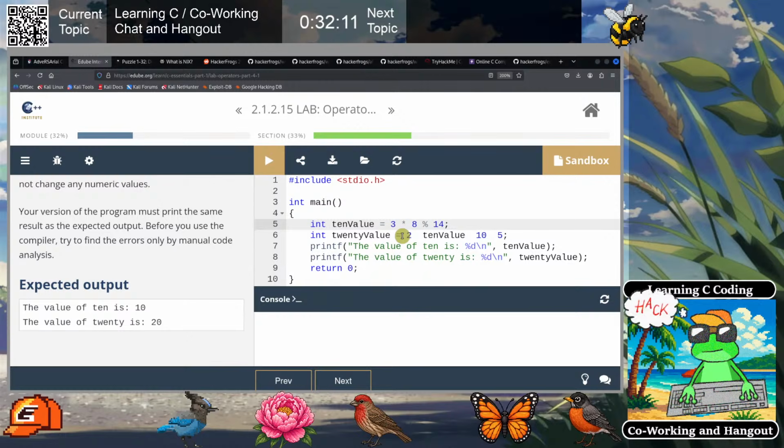So 3 times 8 is 24. 24 modulo 14 is 10. Or at least I think it is. I guess we'll figure it out in just a second. So int 20 value equals 2 times 10 value. What is happening here?